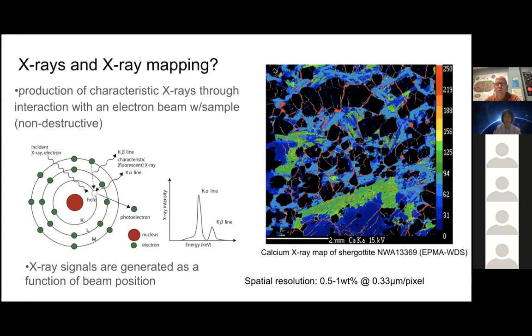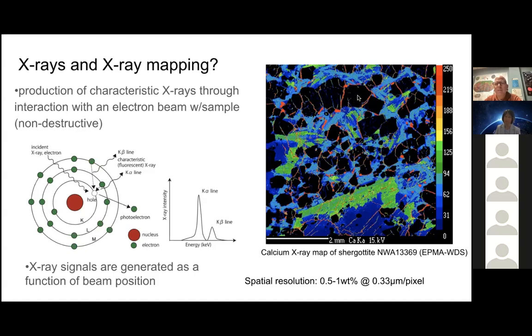And what we produce is a distribution of the elemental composition at any point that's part of the mineral composition. In this map, what we see is there are dark areas where we're not measuring a calcium X-ray signature. And then we see, according to the scale, there are very intense areas, like these lines and points that are red, where we measure higher intensities or higher counts of X-rays.